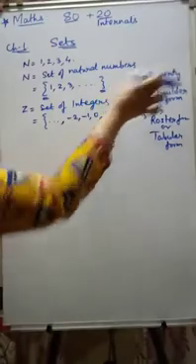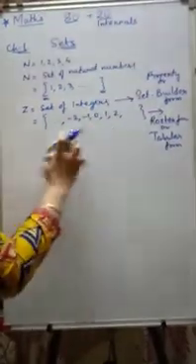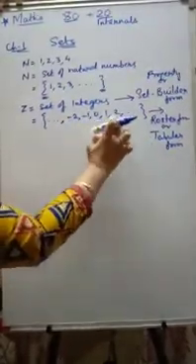Property means you are stating the property of the elements. And this is roster form, or tabular form. Tabular form means separated by commas.